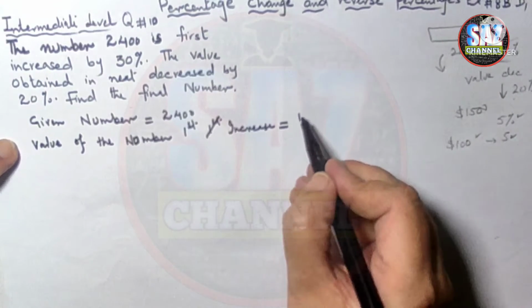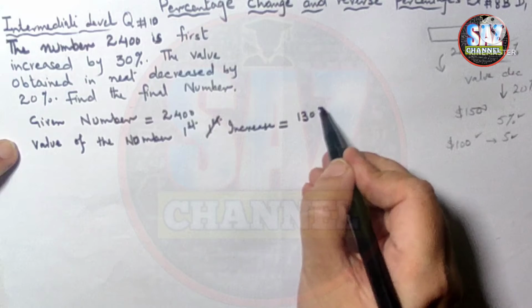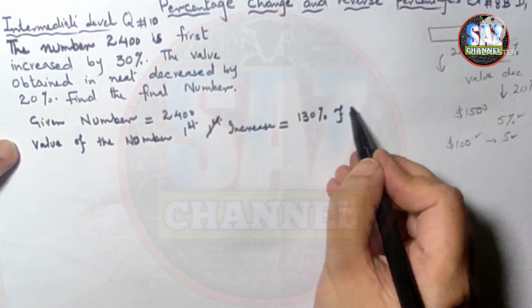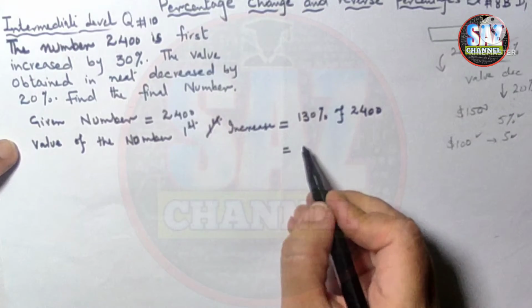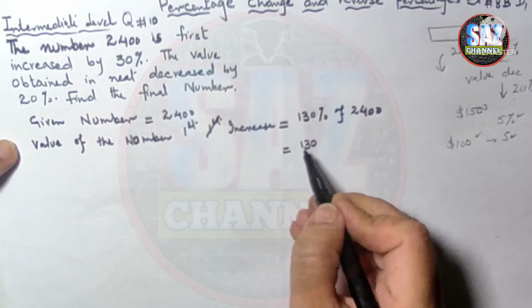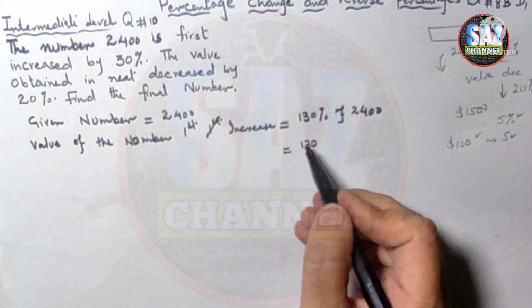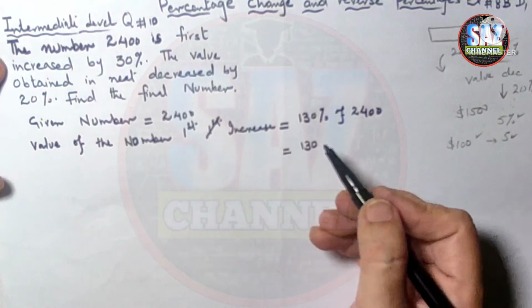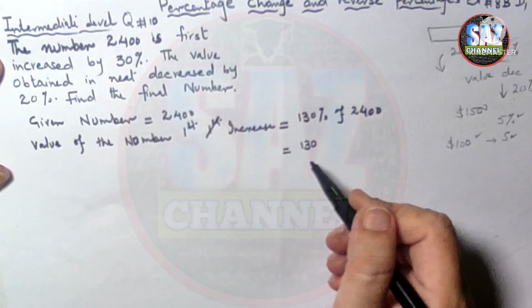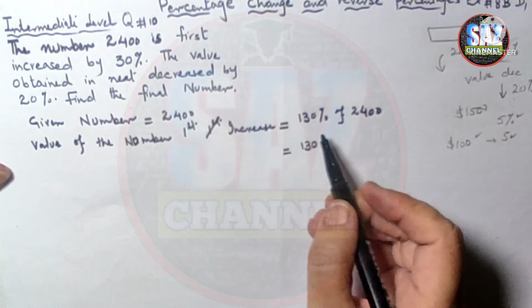So it means we are going to find what? 130% of 2400. You have to be really careful while watching the lesson, because during discussion I will not just be giving you the concept of the question, but I will be teaching you how to solve the question without calculator, because this is also one of the problems for some of my students.